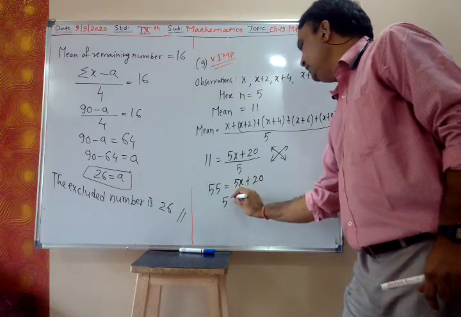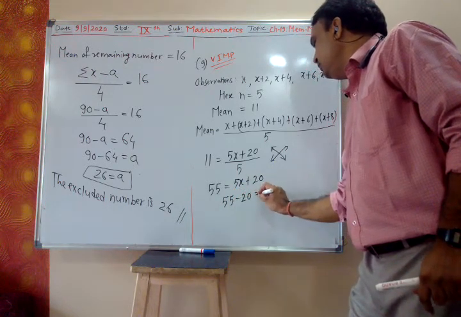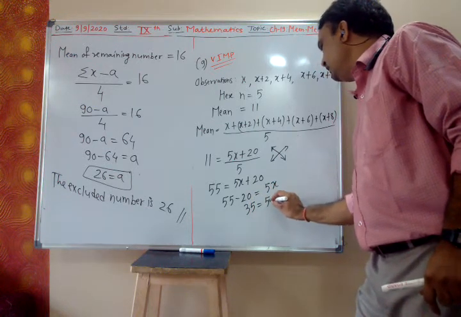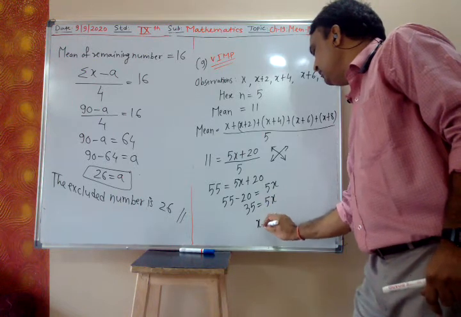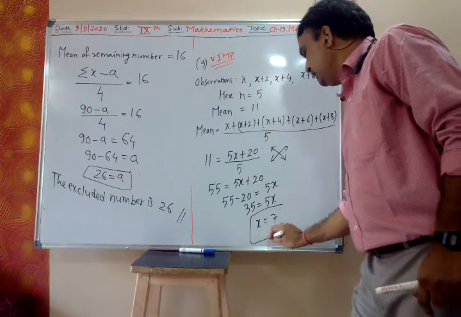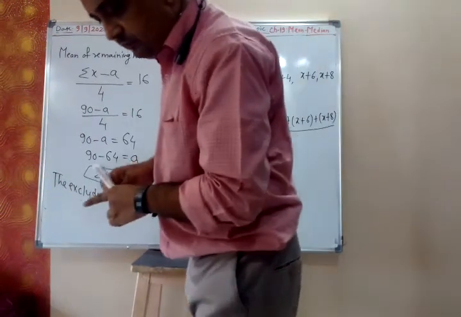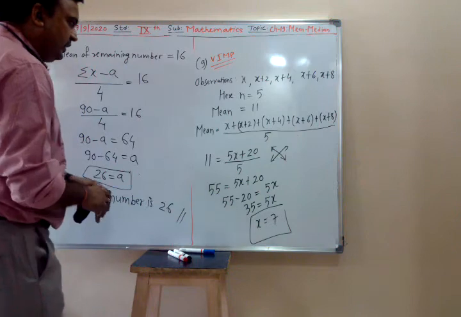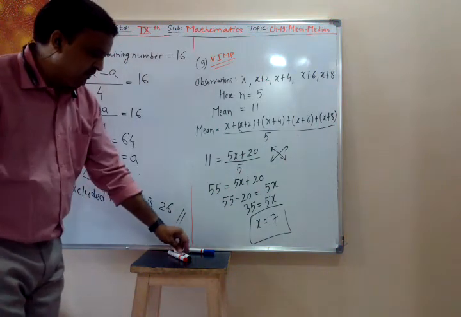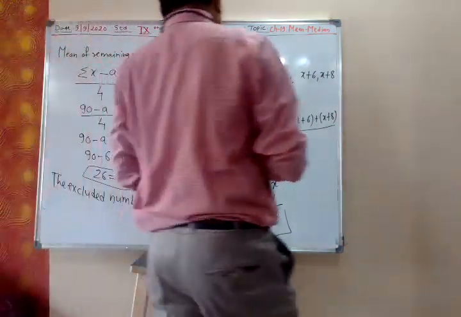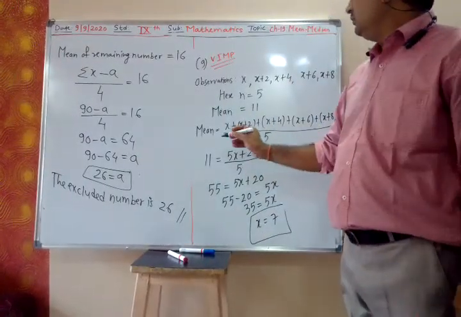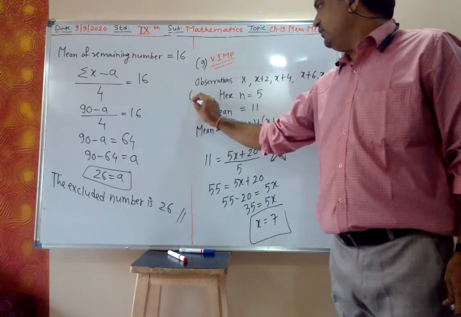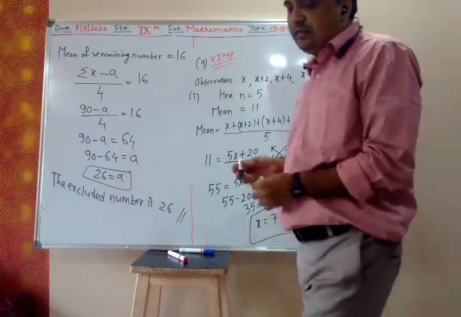So 55 minus 20 is equal to 5x. 35 is equal to 5x, so x is equal to 7. This is my first part: the value of x is 7.